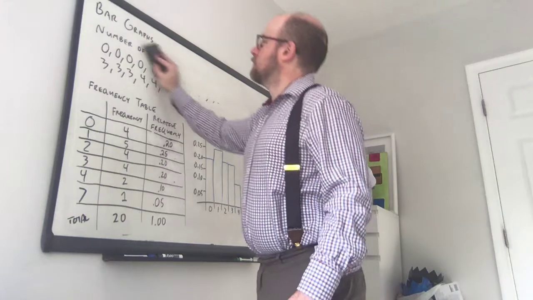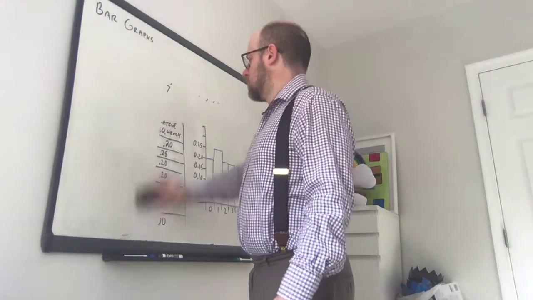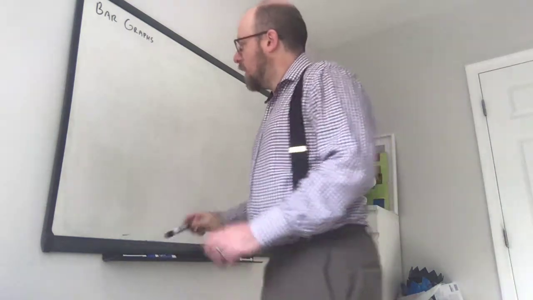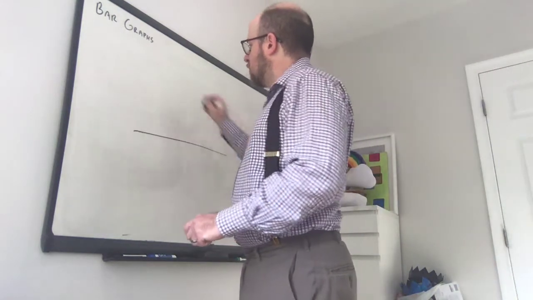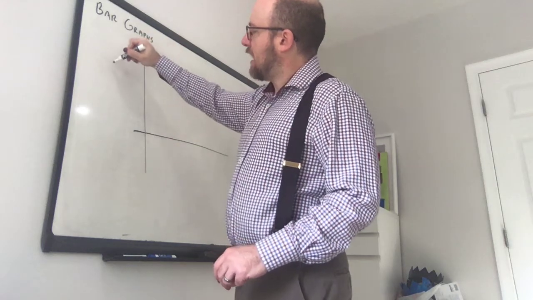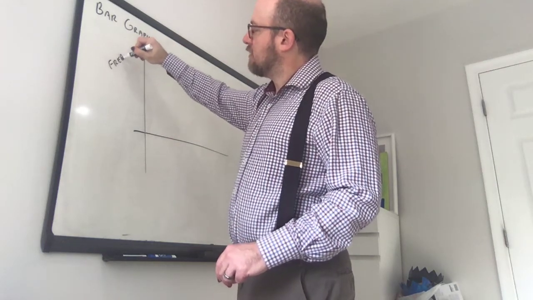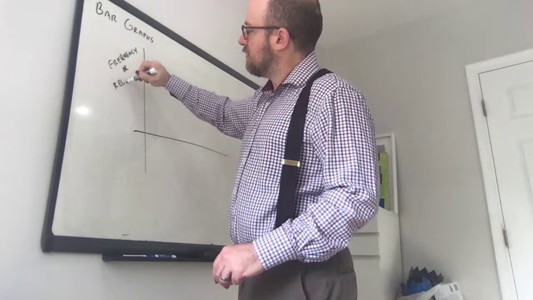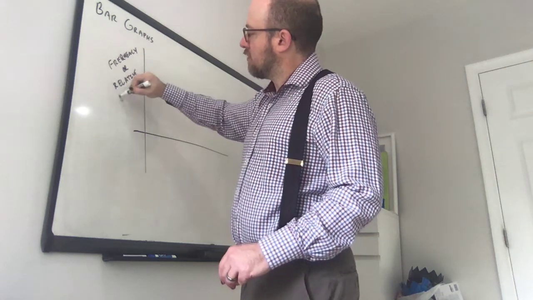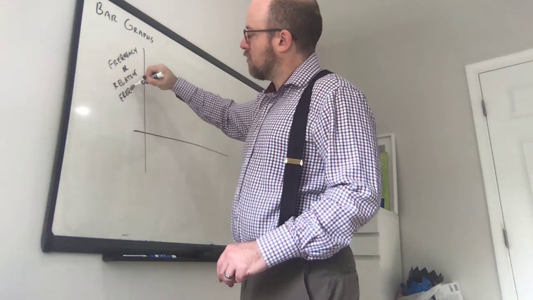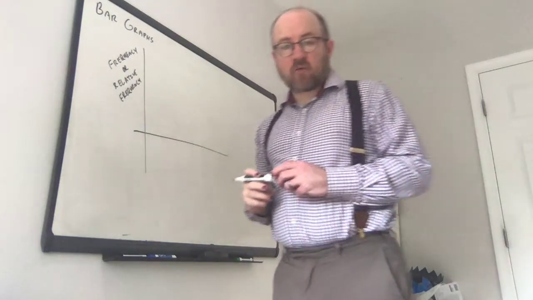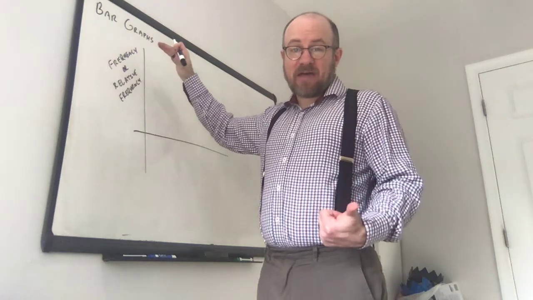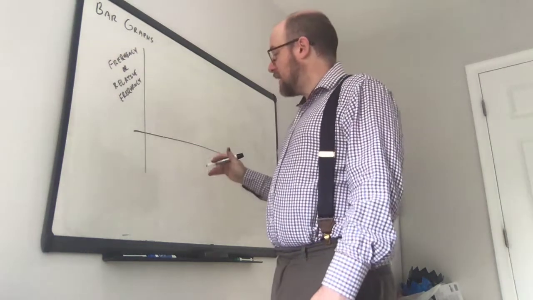So if you have a bar graph, your y-axis will always be frequency or relative frequency. Whenever we create a bar graph, the y-axis is always frequency or relative frequency, however many values there are, or whatever percentage of the values are that.